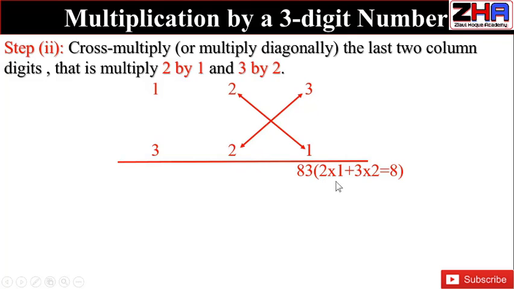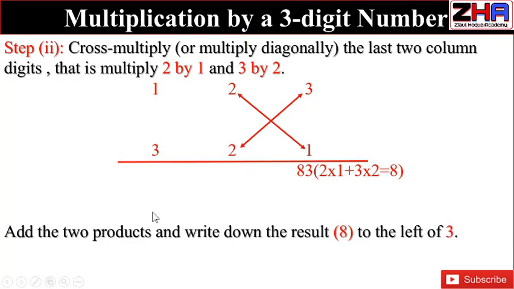Then we get 2 into 1 plus 3 into 2 is equal to 8. So add the two products, 3 into 2 plus 2 into 1, and write down the result 8 to the left of 3.